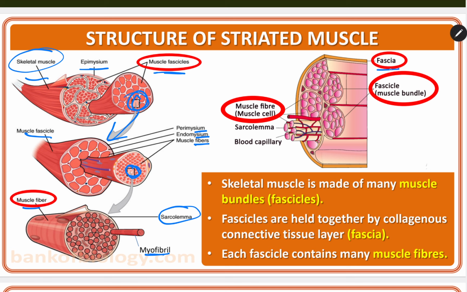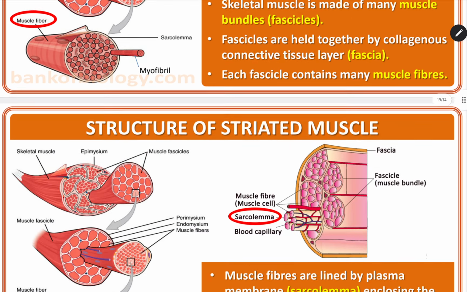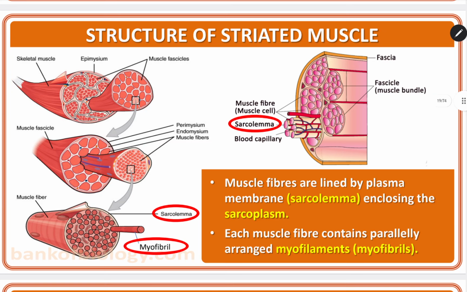Here you can easily find fascia, fascicles, muscle bundle, muscle fiber, muscle cell, sarcolemma, blood capillaries. Next, muscle fibers are lined by plasma membrane or sarcolemma, enclosing the sarcoplasm. Each muscle fiber contains parallelly arranged myofilaments or myofibrils.